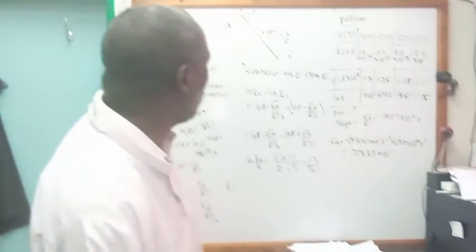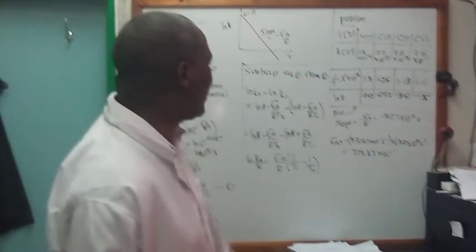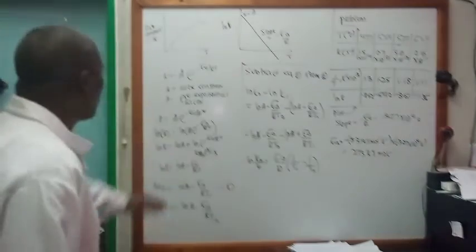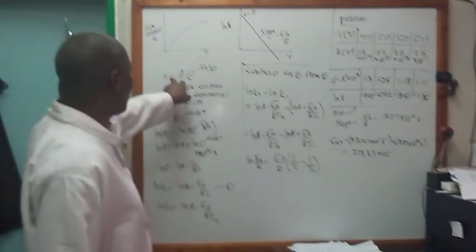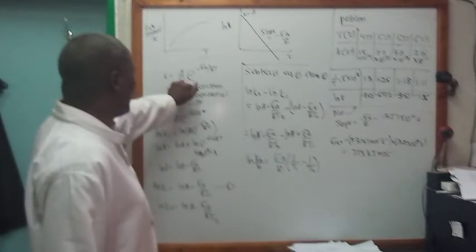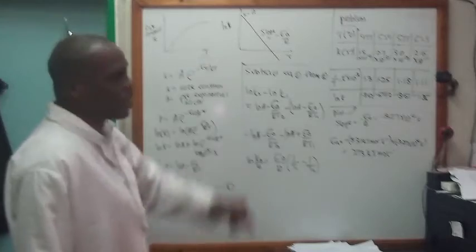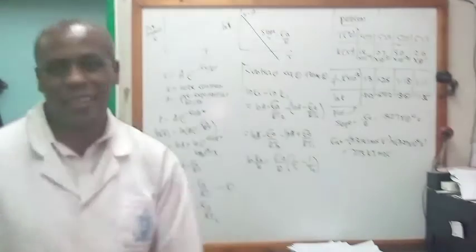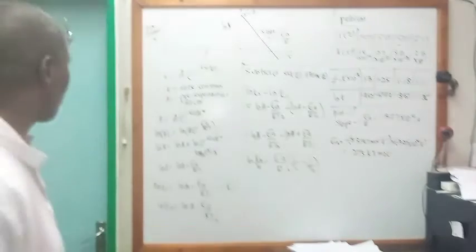So in this case, the only unknown is the activation energy. Can you see that? So there is this equation here: k is equal to the pre-exponential factor A multiplied by e to the power of minus Ea over RT, where T is the temperature in Kelvin.